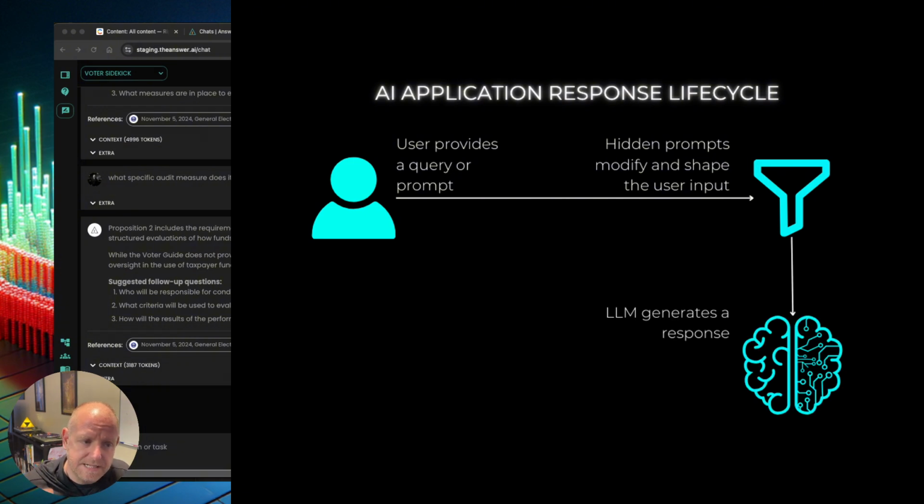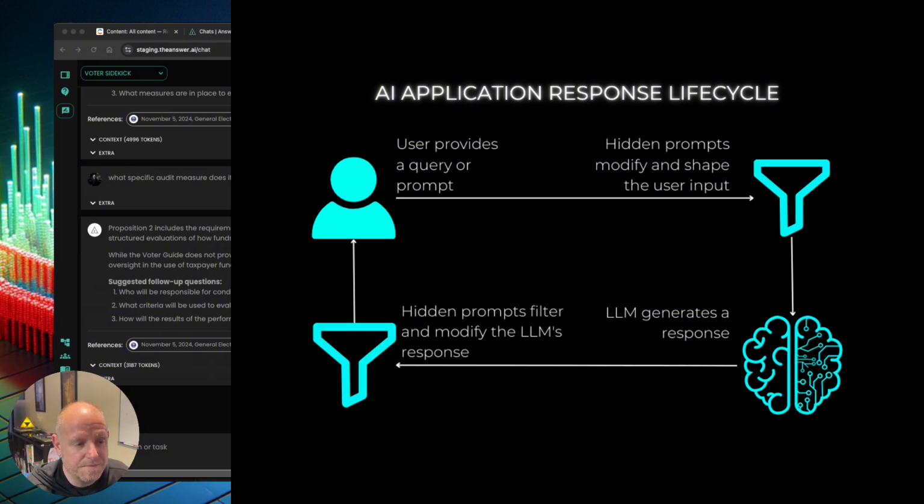Once it has that information, it gets the prompt and rephrases it in a way that makes it more predictable. The LLM, as we learned yesterday, is the large language model. That's the actual raw model from OpenAI and Anthropic that we'll be using in this.